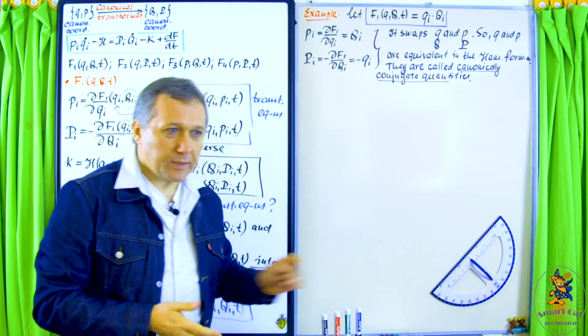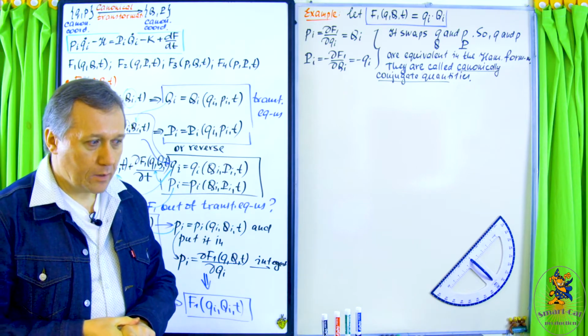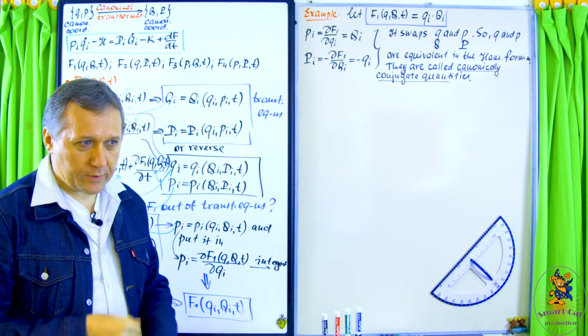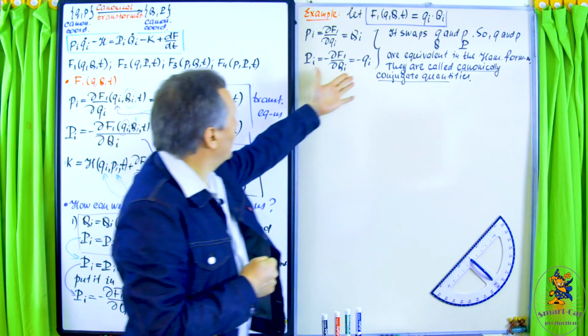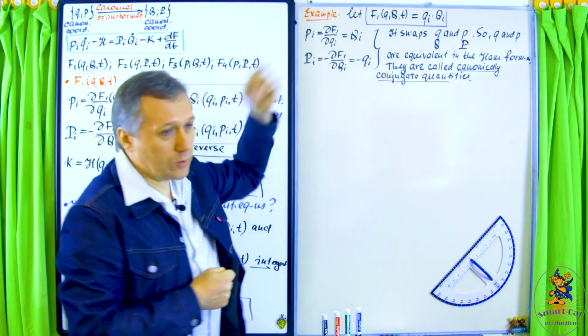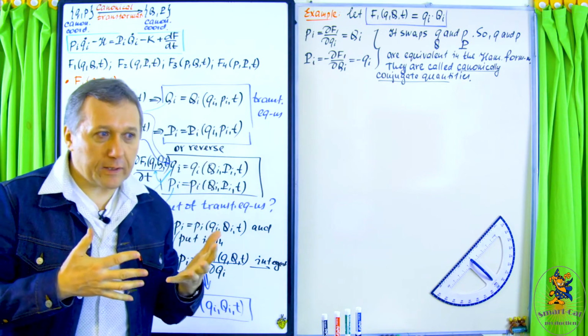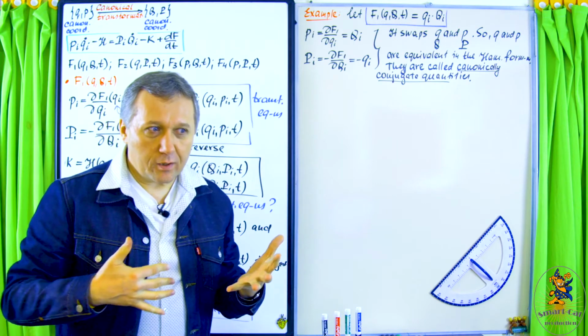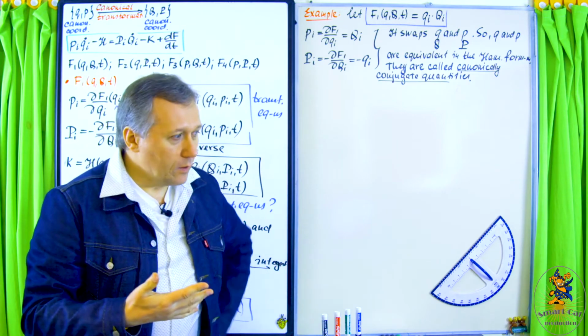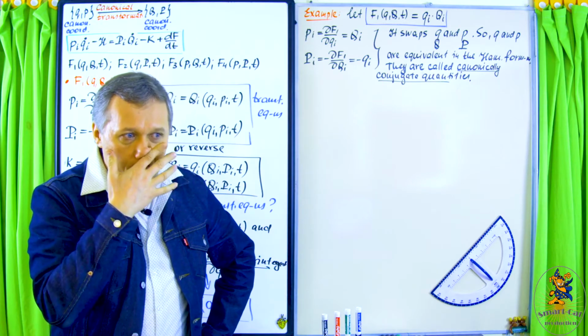But it's a really interesting point. Shocking even, I would say. If a coordinate is now a momentum, or a momentum is a coordinate, it looks like we're changing the quantities, changing the nature, sort of, right?